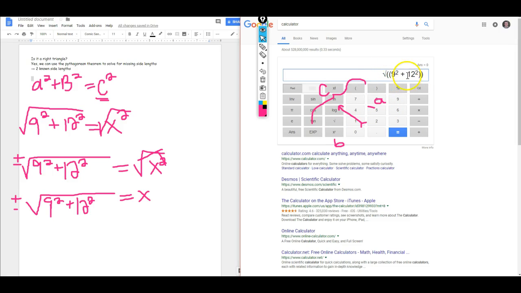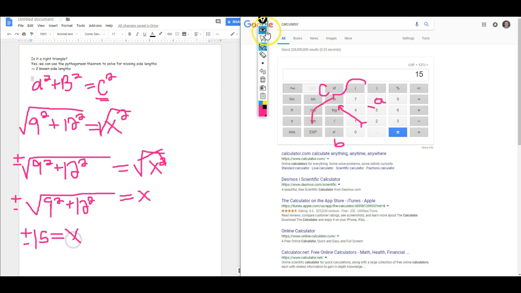Do the parentheses matter? Yes, because this is saying that we're adding 9 squared plus 12 squared first, and we're taking the square root of that whole thing. So that's going to equal 15. So we have a positive version and a negative version of 15 is equal to x.